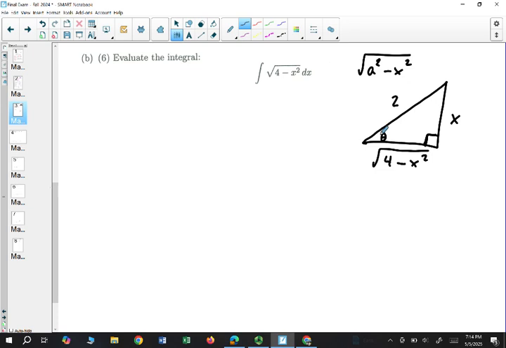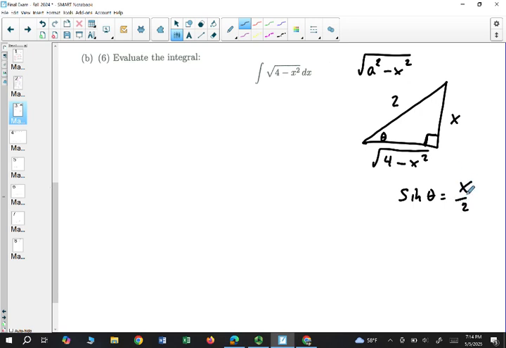So if this is our form, then we have to figure out what we're going to substitute. So what's going to be the substitution? That means that this is going to be the sine substitution. We would say the sine of theta would be opposite over hypotenuse, so in this case, x over 2.